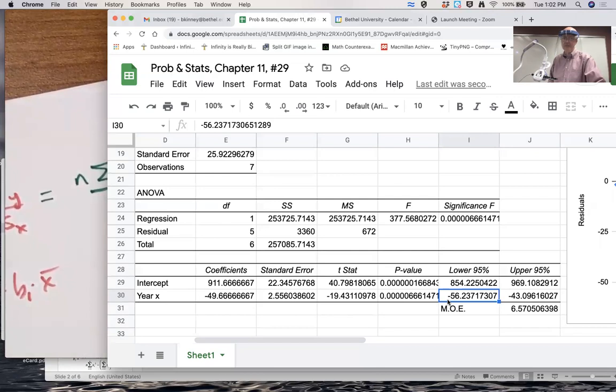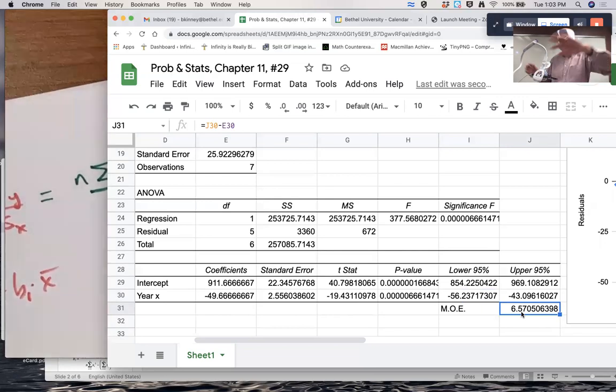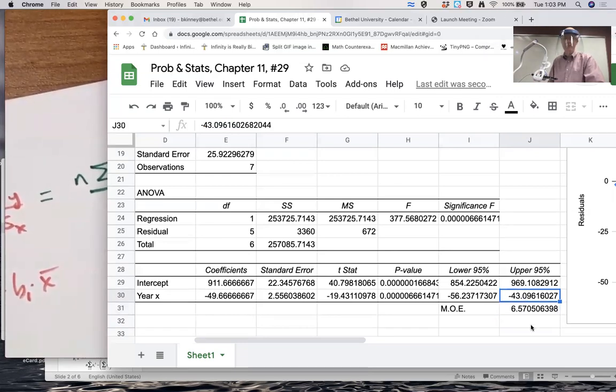Or I guess if we rounded it, it would be negative 56.1 if we rounded it using 6.6 as a margin of error. Better to keep more decimal places and only round at the end. So I'm sort of going against my own advice about that. And the right endpoint is this negative 43.1, negative 49.7 plus 6.6.